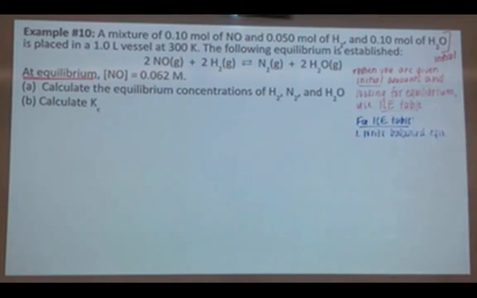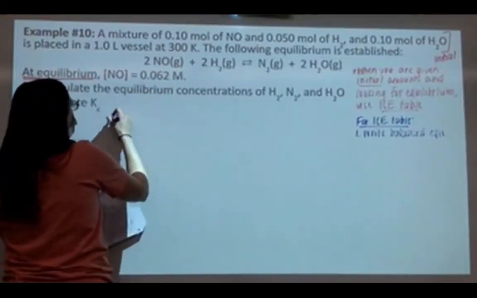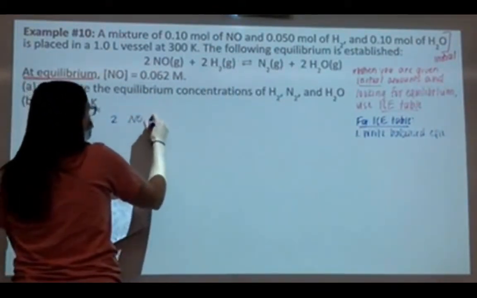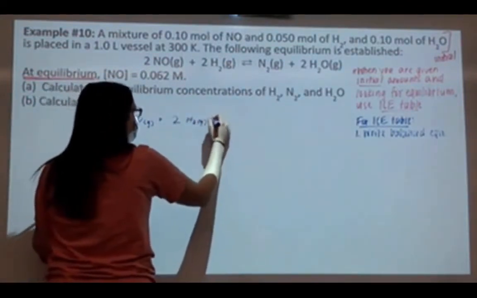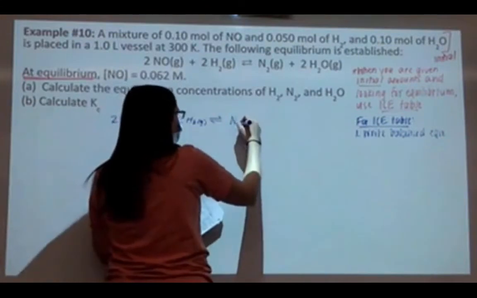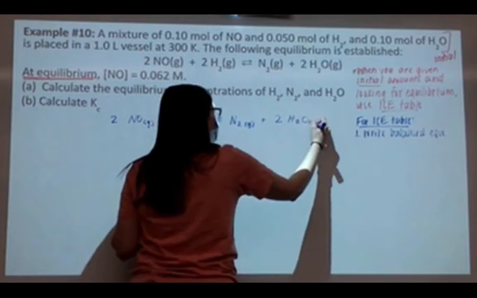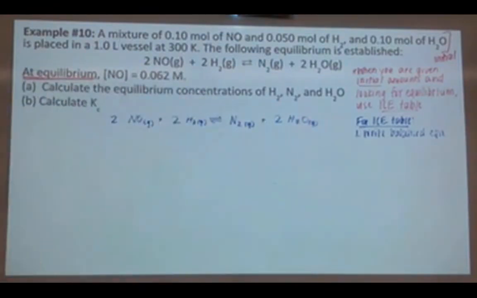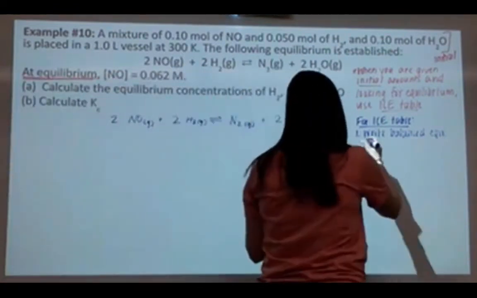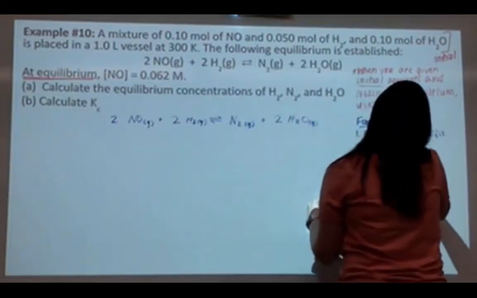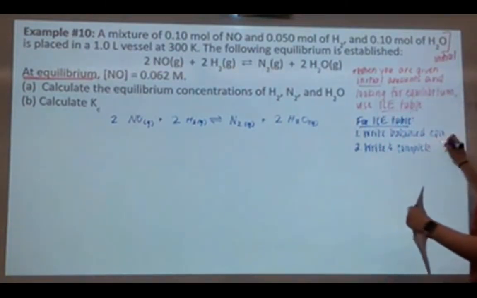But I recommend, like in this case, I'm going to rewrite the balanced equation. So I'm going to rewrite it 2NO gas plus 2H2 gas at equilibrium with N2 and 2H2O. The reason that I rewrite the balanced equation is so that we can do the ice table right underneath. So the second step is to write and complete the ice table.